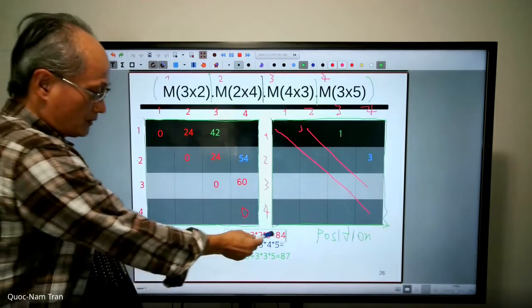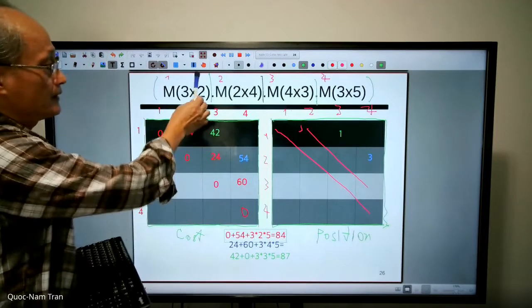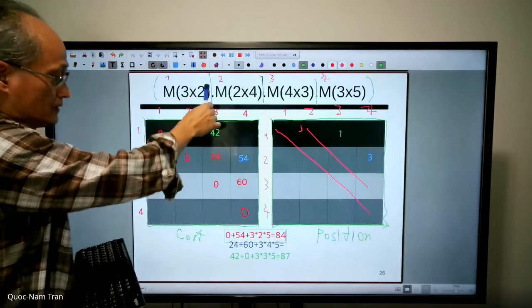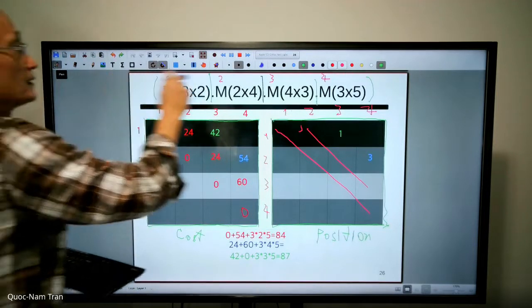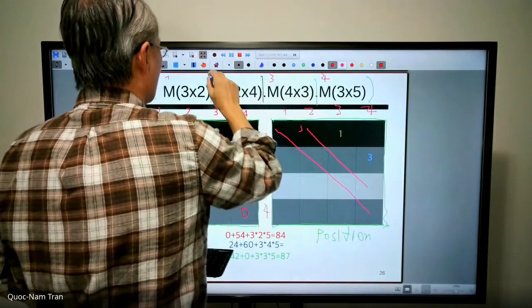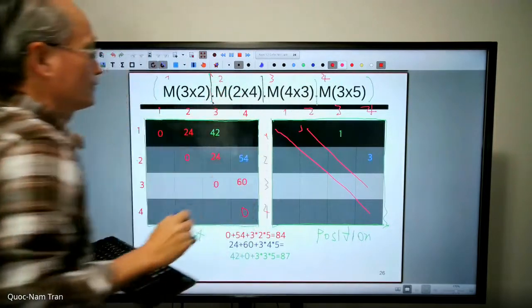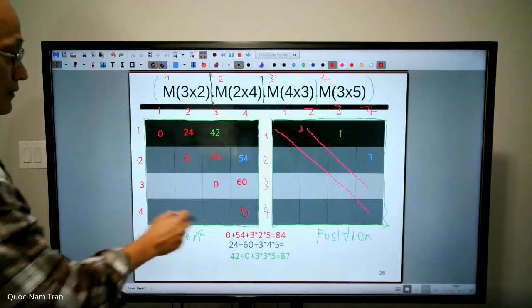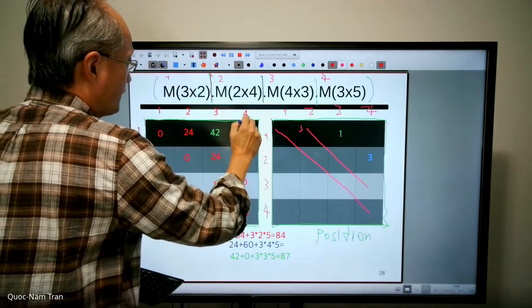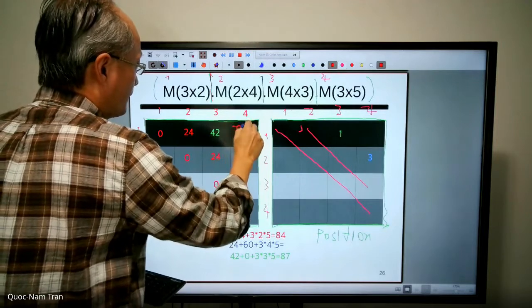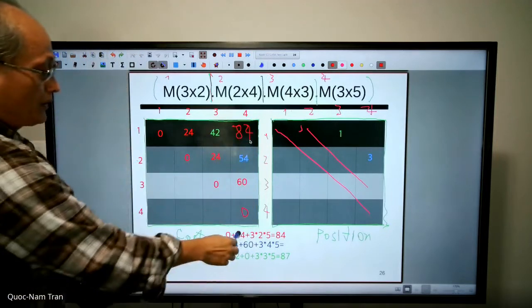So the smaller one is by breaking at this position. Let me use the color here. So here we have 84, and the way we break it is that one.